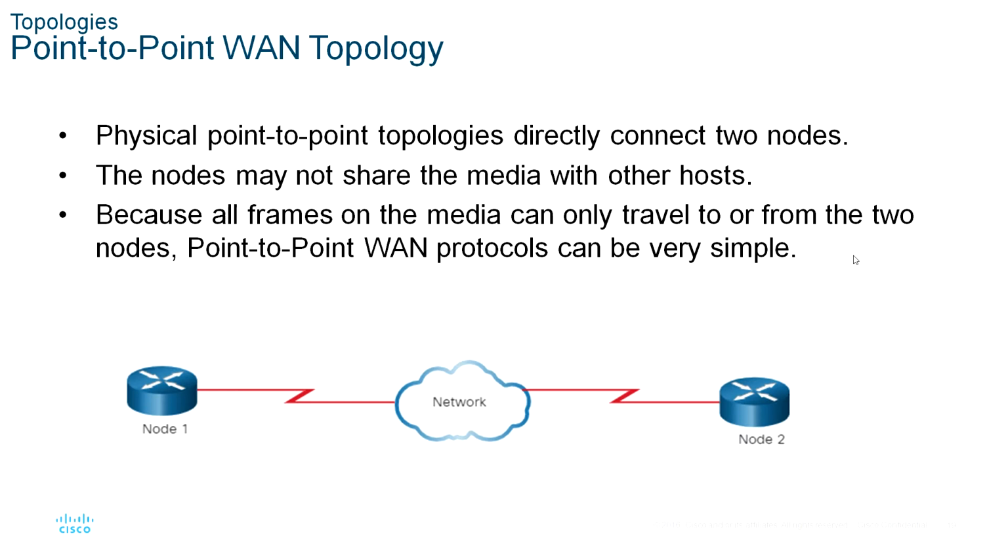However, the use of physical devices in the network does not affect the logical topology. In this diagram, adding intermediary physical connections may not change the logical topology. The logical point-to-point connection is the same.